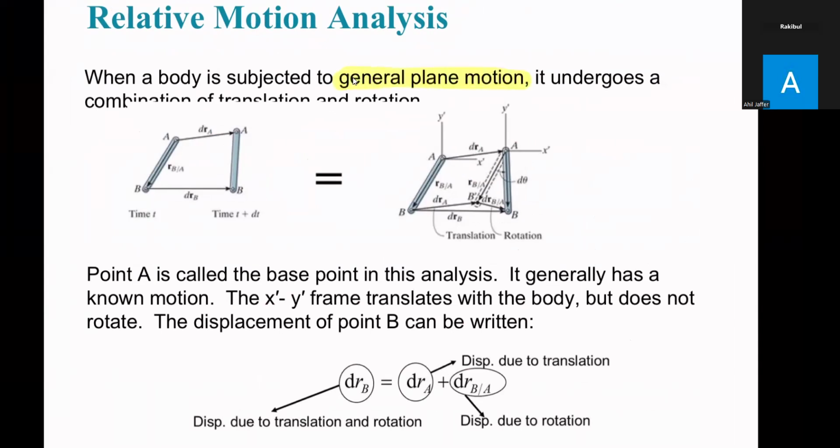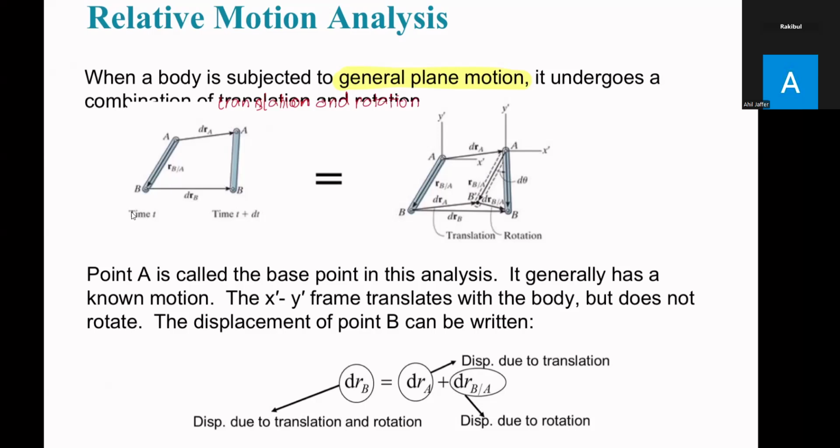General plane motion undergoes translation and rotation. What is translation? Translation means it's just moving from one point to another point.